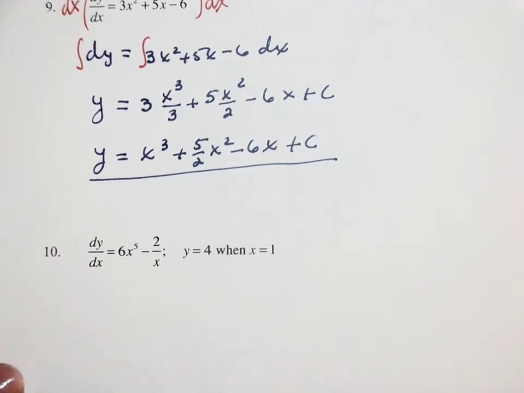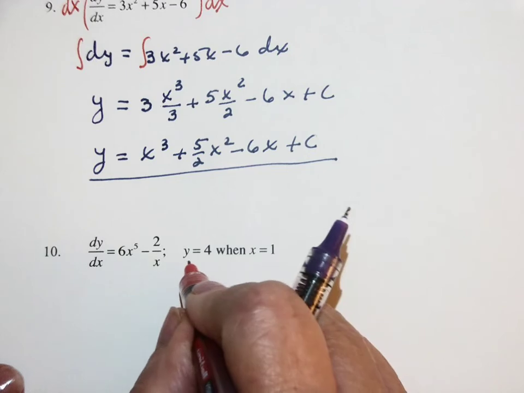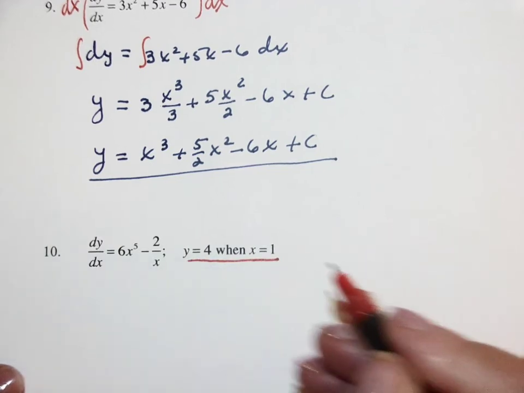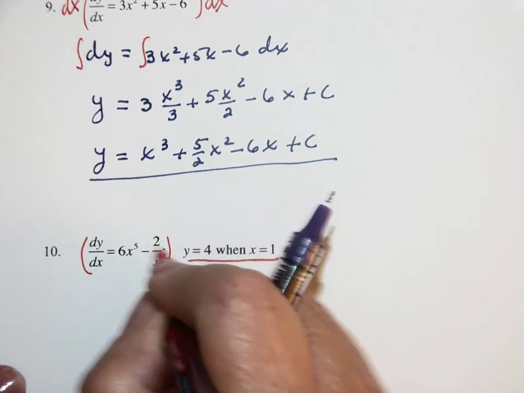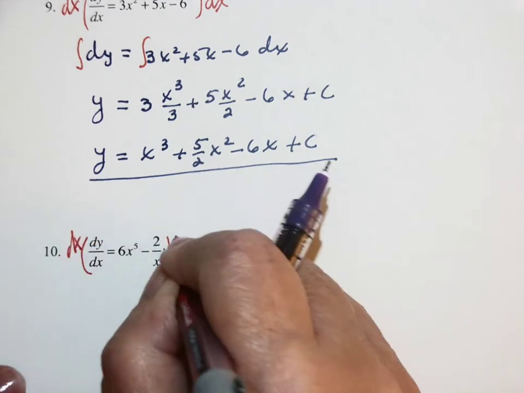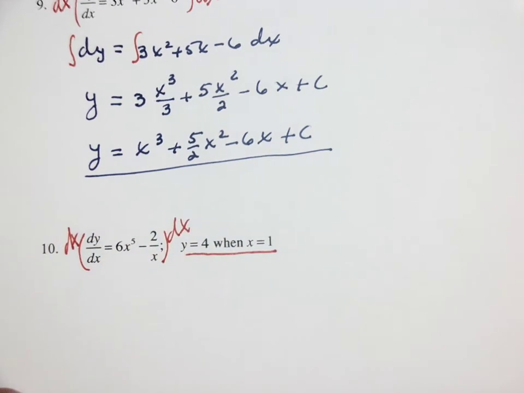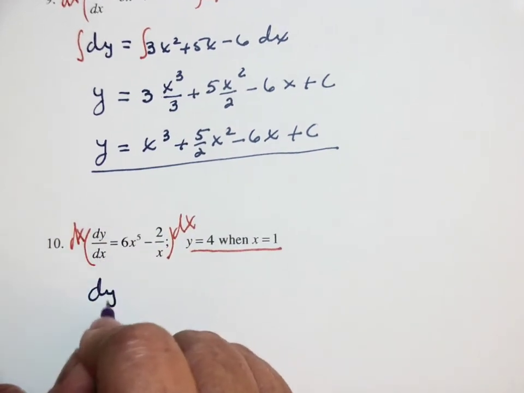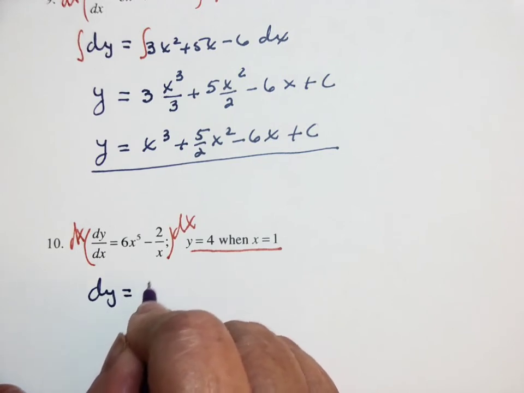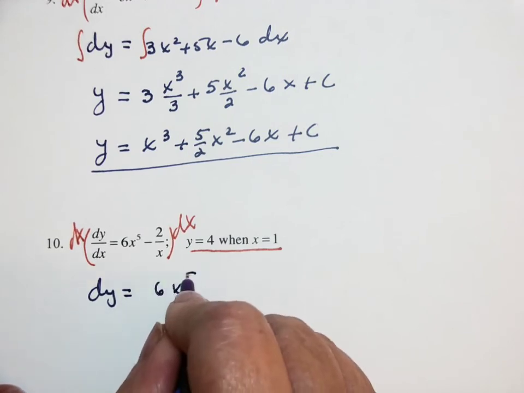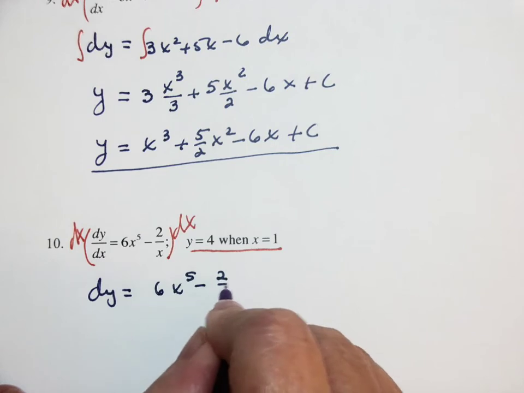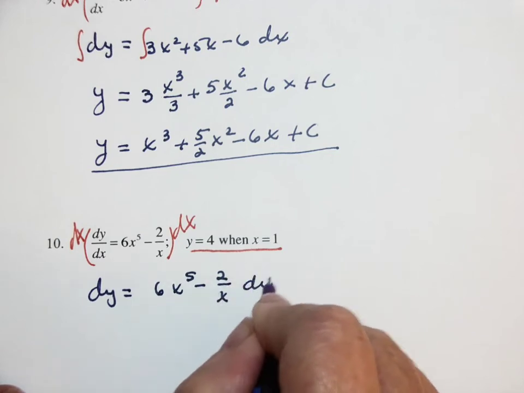Last problem is the same type of problem, only this time they want you to find c. So multiply both sides by dx, so that dy is 6x to the 5th minus 2 over x dx.